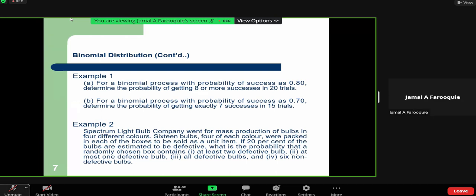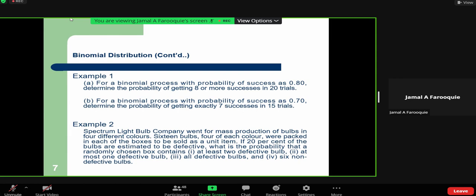Okay, and when you expand it, then it will be r equal 8 plus r equal 9 plus r equal 10 plus up to r equal 20. But the table that I have gives the small p only up to 0.5.